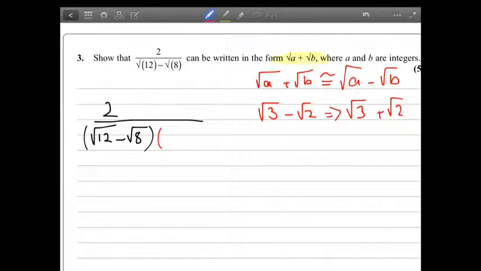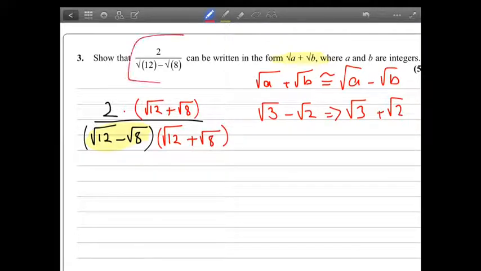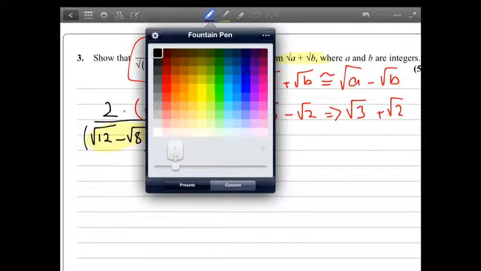Then, by the same process, the conjugate of this term will be the square root of 12 plus the square root of 8. And we multiply both numerator and denominator, and we can easily find the simplest form of this given question.